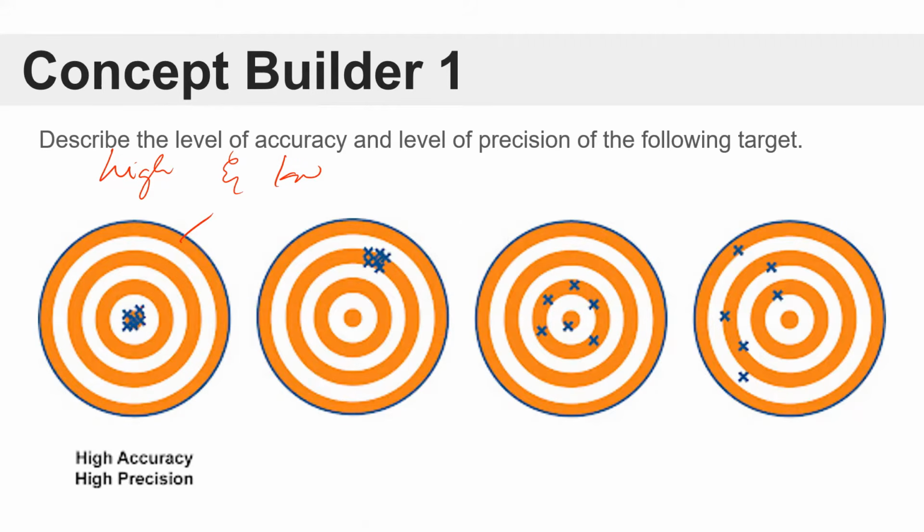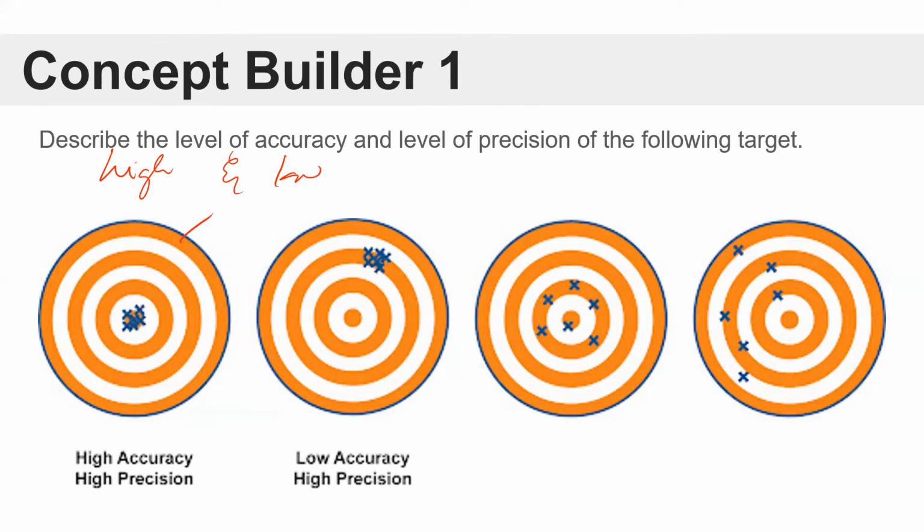So since yung measurement natin or yung dart natin, tumama siya halos lahat, nandun siya sa bullseye, we can say that this target depicts high accuracy and high precision. Kasi yung data din natin, yan ang mga X marks natin dyan, magkakalapit sila sa isa't isa. So therefore, since close yung mga result to each other, it has high precision. And since the values or the results are found at the bullseye, then it also has high accuracy.